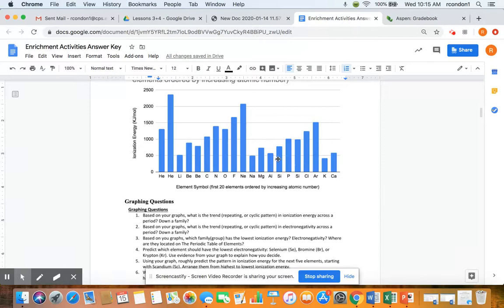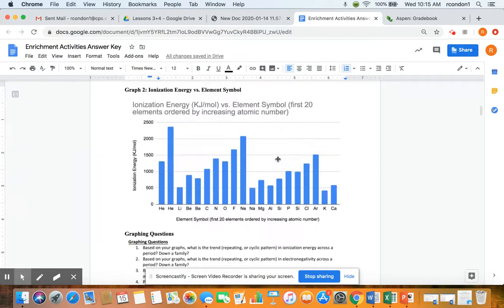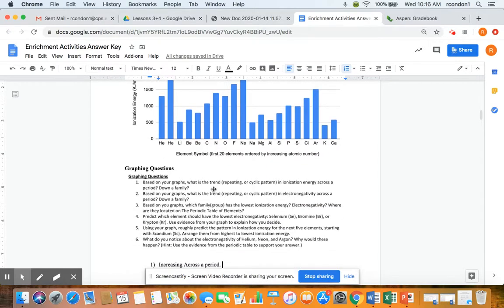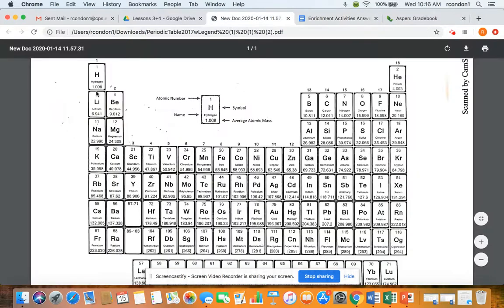So as we go down a family or down a group, ionization energy is going to decrease. Decreasing down a family. That just means when you look at the periodic table, as you go down this family, ionization energy is going to decrease as you go down.